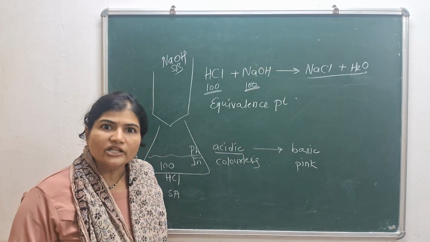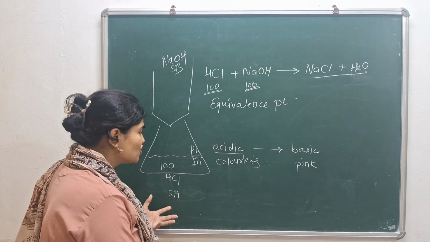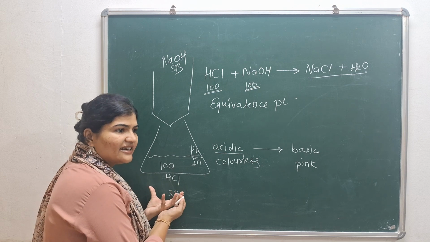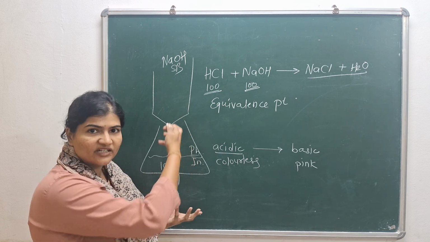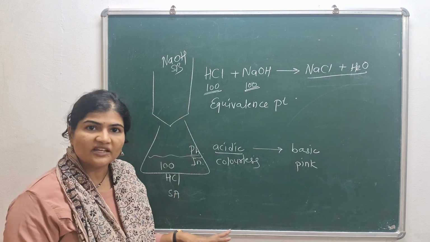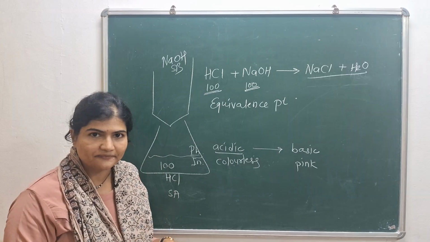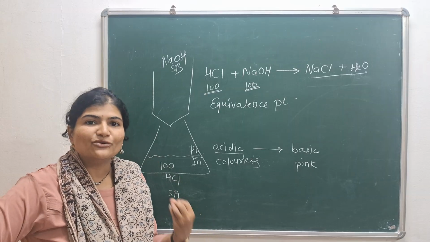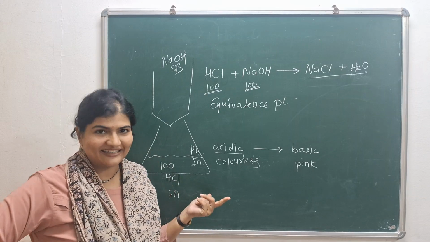It is a theoretical point where the reaction between your titrate or analyte and titrant is complete, right? It is theoretically over, but we are not able to actually detect this point practically.